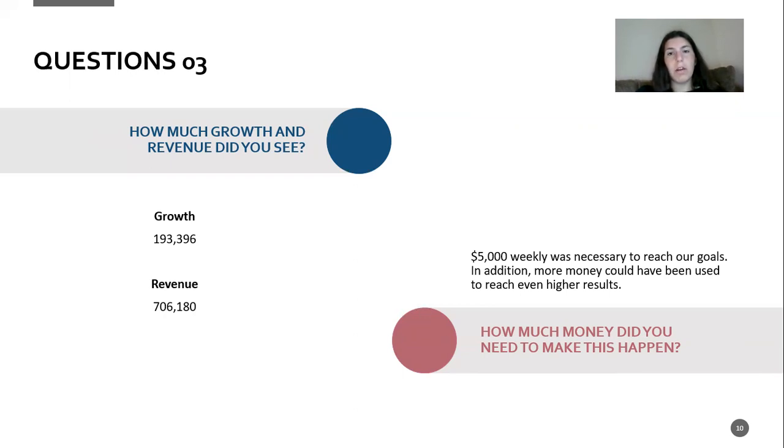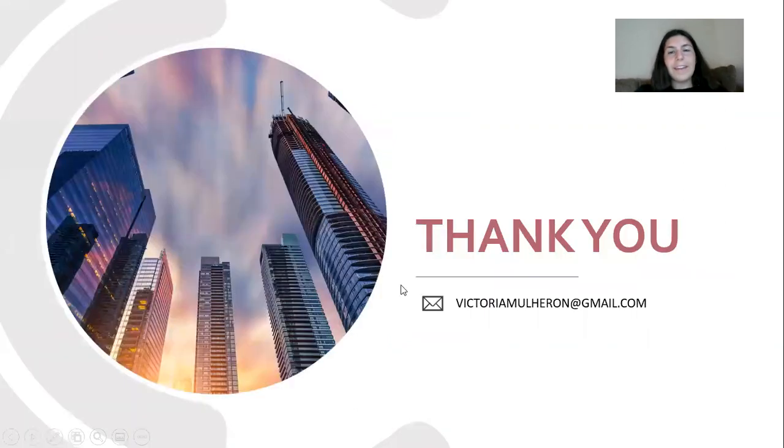But we were pretty proud of the growth in revenue that we saw. And then it took 5,000 weekly. We used all of our money every week, but much more could have been used to reach even higher results, as discussed earlier.